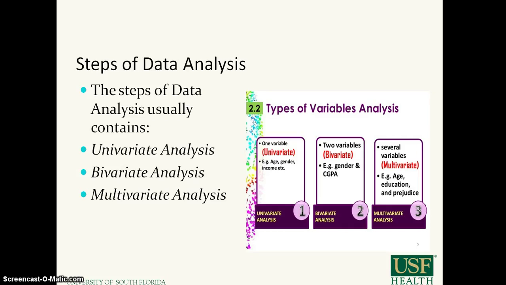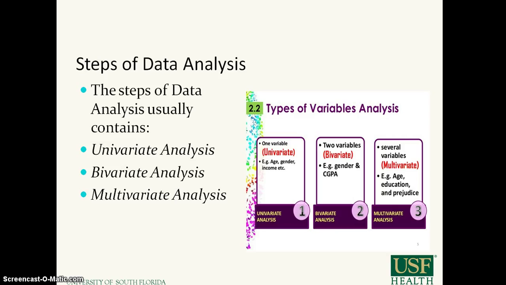And in general, the steps of data analysis usually contain univariate analysis, bivariate analysis, and multivariate analysis. So univariate means one variable, so you analyze the variables one at a time. And bivariate means two variables, so you start to look into relationships, but two variables at a time.